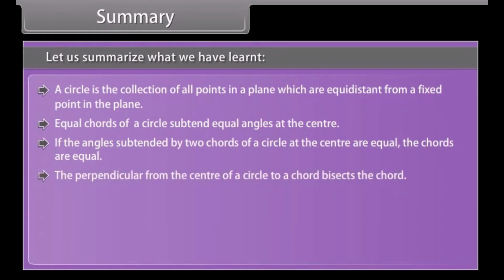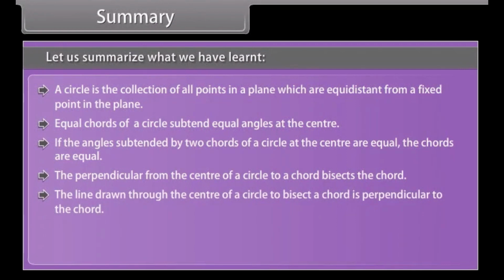The perpendicular from the center of a circle to a chord bisects the chord. The line drawn through the center of a circle to bisect a chord is perpendicular to the chord. Equal chords of a circle are equidistant from the center.